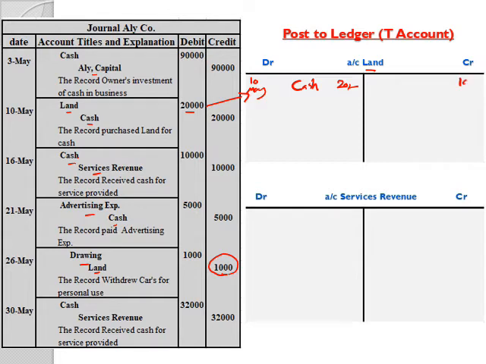Transfer to the credit side 1,000 drawing, date May 26. Any account or any entry that has land: so I transferred transaction number 2, which records land, and I transferred transaction number 5, in which land is recorded in the credit side.